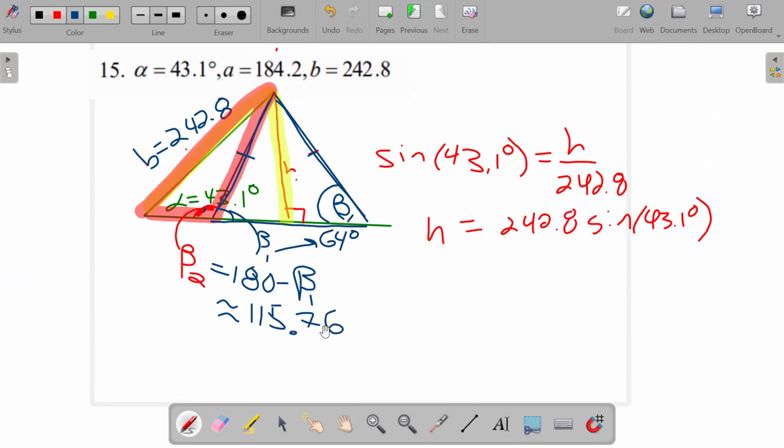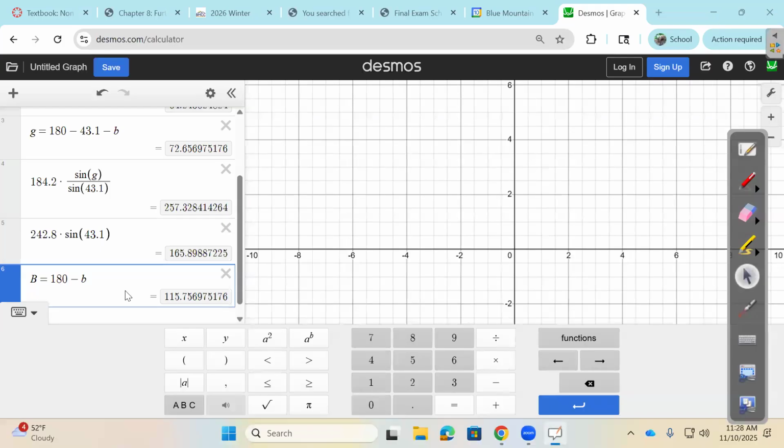Okay. Now that I have that, there's also another gamma that goes with it, and we can find that one. So I'm going to have a gamma 2, which is going to be 180 minus the 43.1 minus my beta 2 here. So again, off to my calculator worksheets.